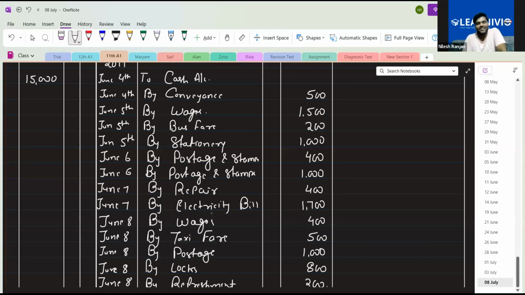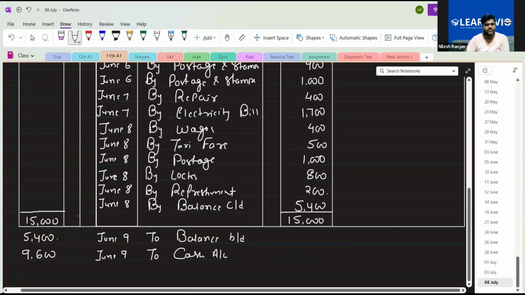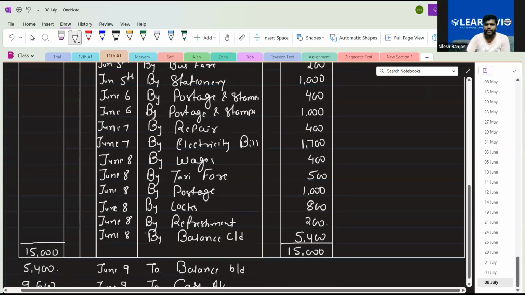But whether there are a few items or a higher number of items, how does it matter? You just need to understand the process. Will the totaling be given in the question itself? The totaling, this one? No, you have to do it.